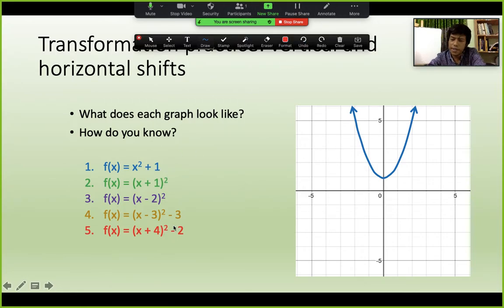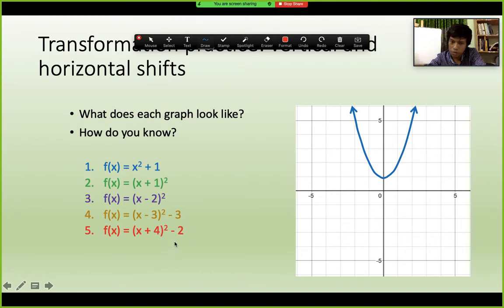So there are two things that will happen. One is for minus 2, this graph will go down 2 units, and for the plus 4, the graph will go to the minus 4. So minus 4 is here, and then for the minus 2, the graph will come here, and there is no minus in front. That means the shape of the graph will remain the same.